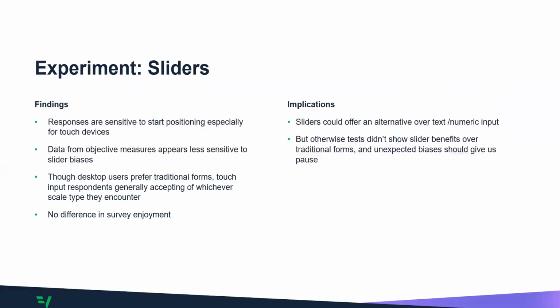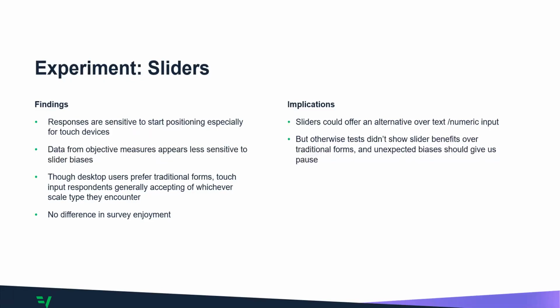In terms of survey experience or survey enjoyment, we asked people to rate their overall survey experience on an 11-point scale, and not much difference showed up whether you went through the survey using the slider or radio button. And this was true for all devices. So our bottom line was we think that sliders could offer an alternative over text input.